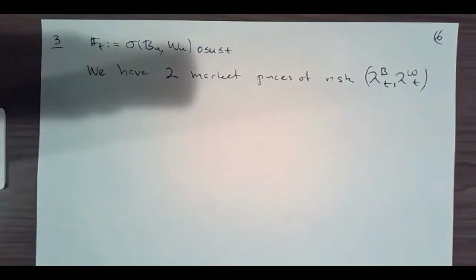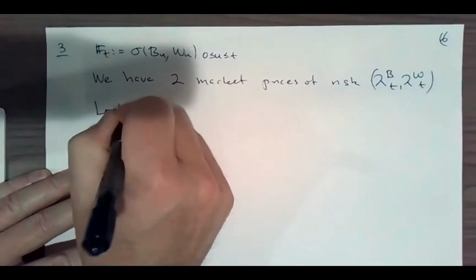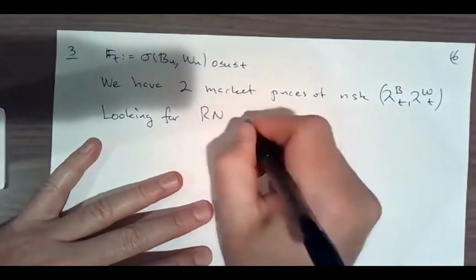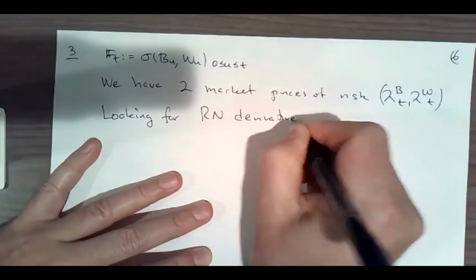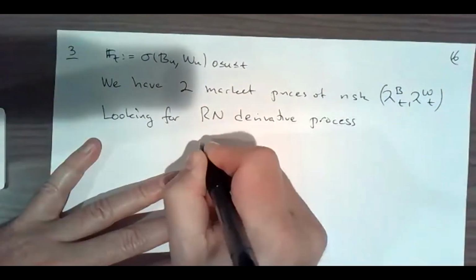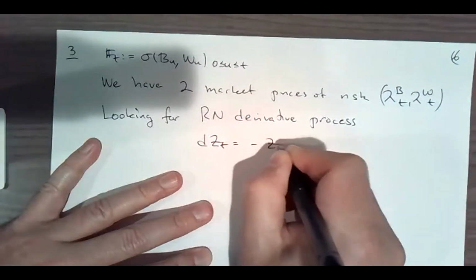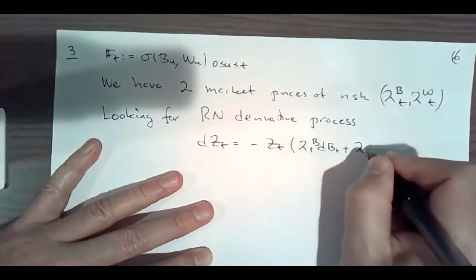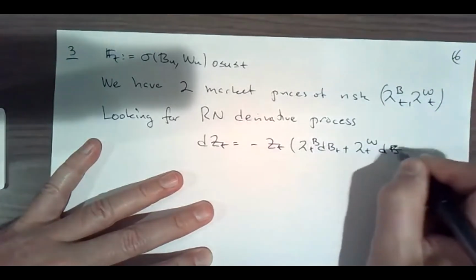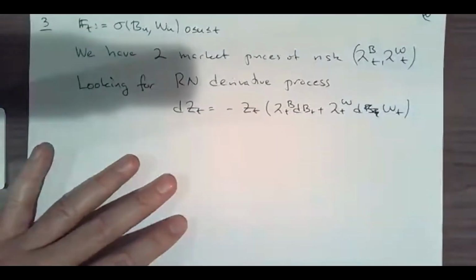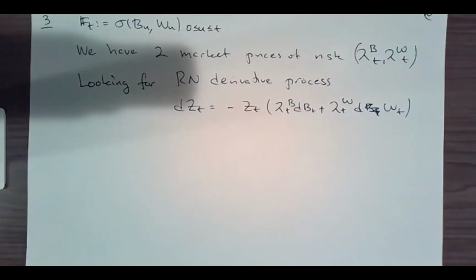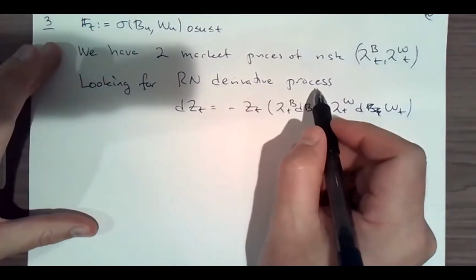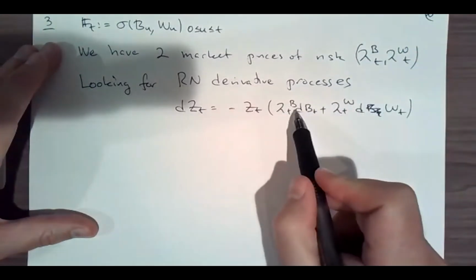Okay, so we're going to be looking for Radon-Nikodym derivative processes, dCt of the form minus CT, and then the 2 market prices of risk. Oh, this is a W. So we're going to be looking for these 2, such that something happened, right? Such that we're going to be looking for Radon-Nikodym derivative processes of this form.